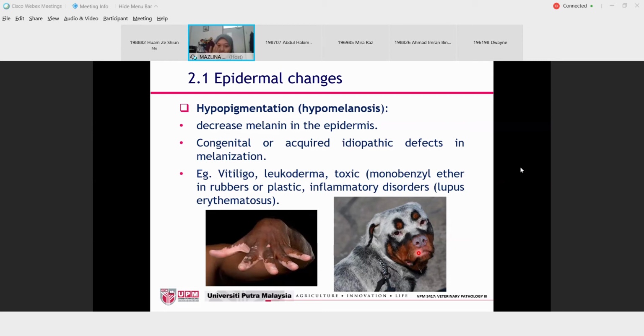Congenital, maybe like in this case, this is vitiligo. This is actually the hand of a dark colored person, but because of the defect of melanization, there are areas of the hand that are white or paler in color. It's not the normal skin color of the person. And can you recognize the breed of this dog?